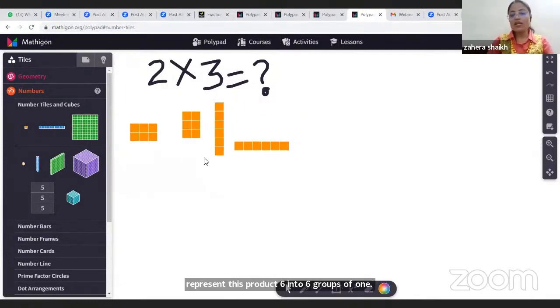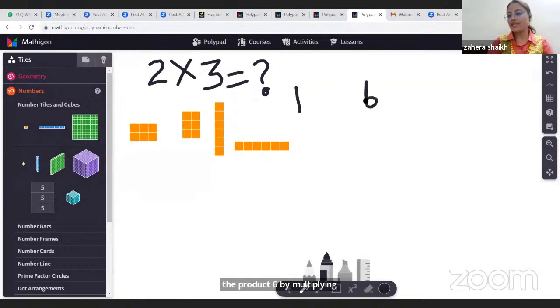So what all groups can I make of this number 6? I can get the product 6 by multiplying 1 times 6, or 6 times 1, or 2 times 3, or 3 times 2, right?